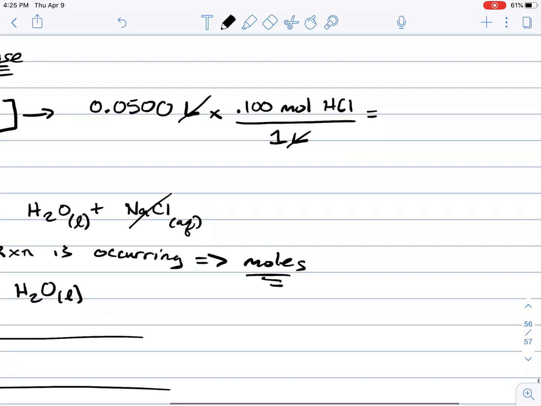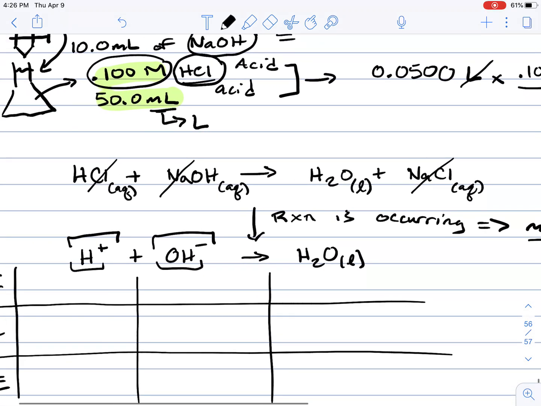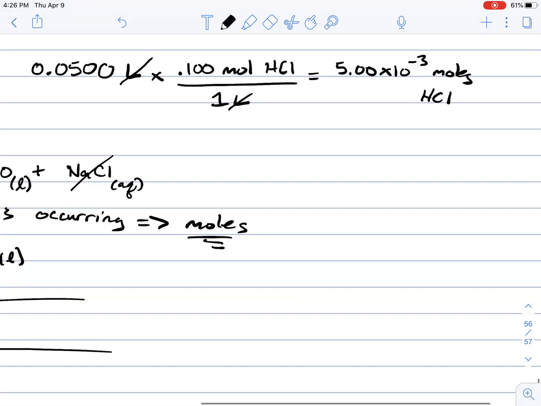And if you multiply both of these values, 0.1 times 0.05, what we get is 5.00 times 10 to the negative 3 moles of HCl. And since this is the initial volume and the initial concentration, this represents initial moles.